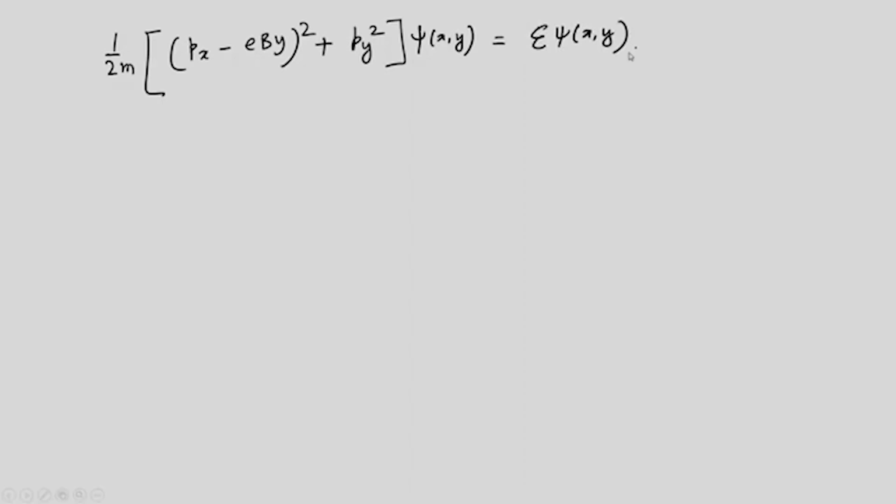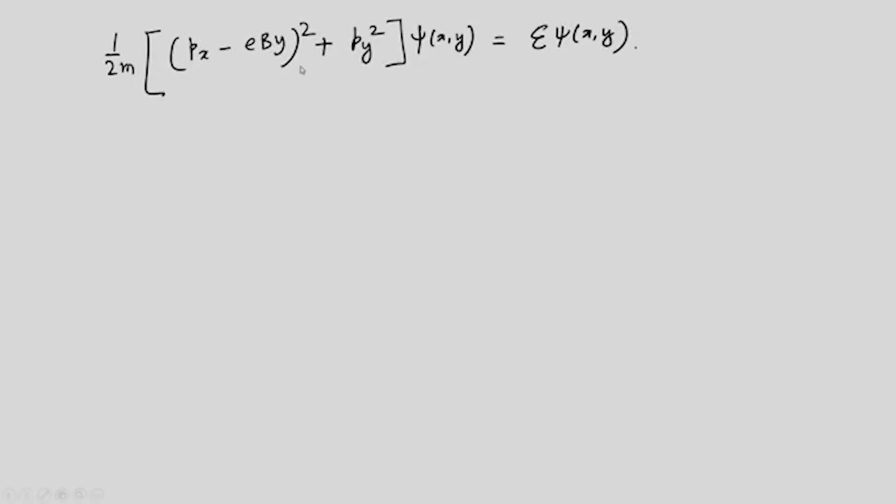I hope you understood why Px minus Eby is written, because the vector potential is assumed to be present only in the x direction. So, it is P minus qA, or P plus EA rather.